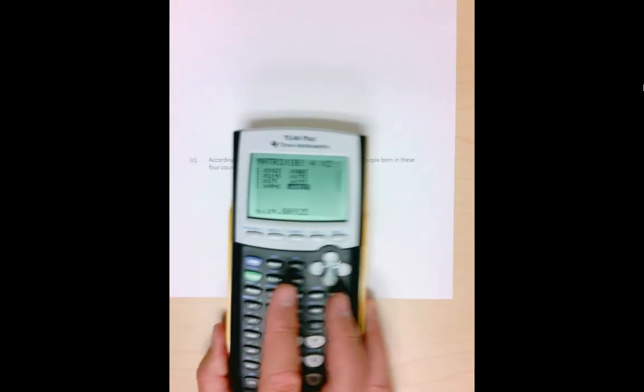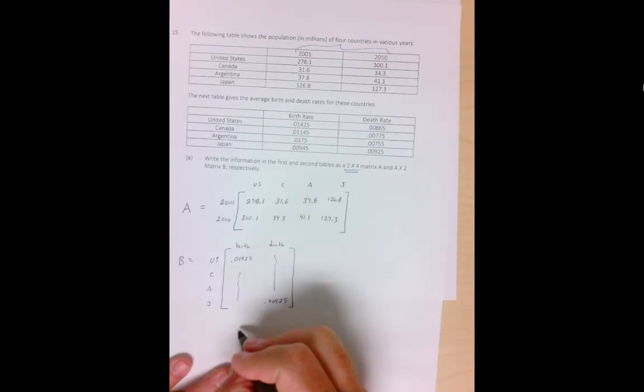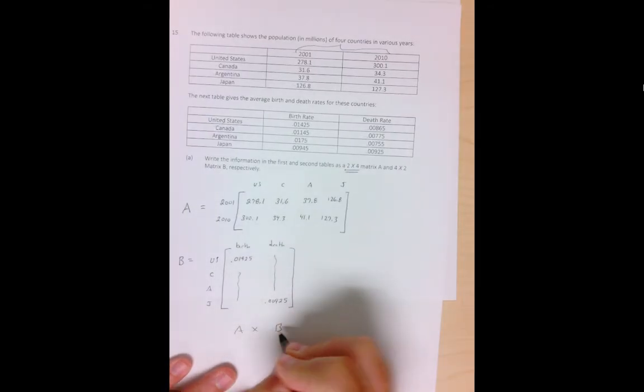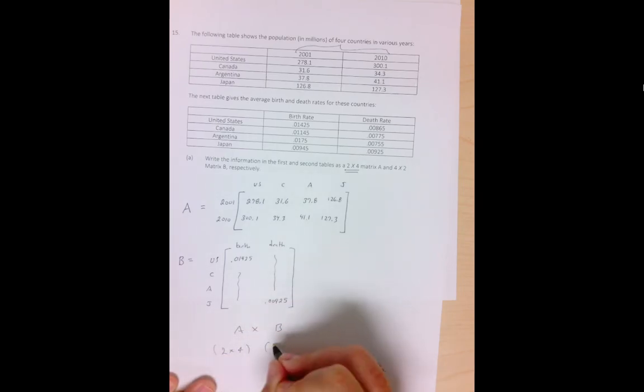So our question over here says, find the product and interpret the entries. Now, gang, I'm not going to write all this out, but we are multiplying A times B, and A is a 2 by 4, and B is a 4 by 2.